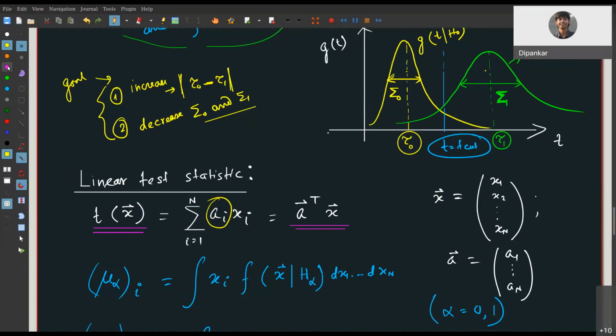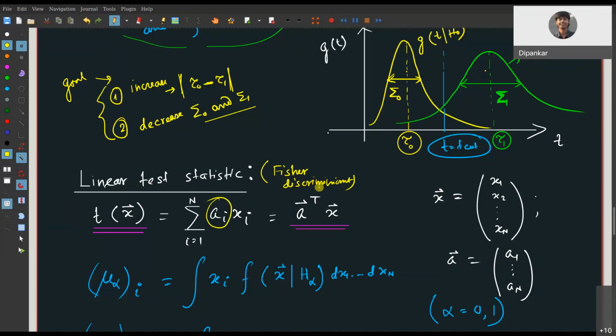If you construct your test statistic in this way, this particular linear test statistic is called the Fisher discriminant. It is called the Fisher discriminant because it was Fisher who came up with this strategy of constructing a test statistic that can distinguish between data this way.